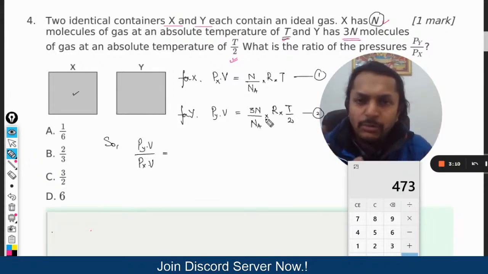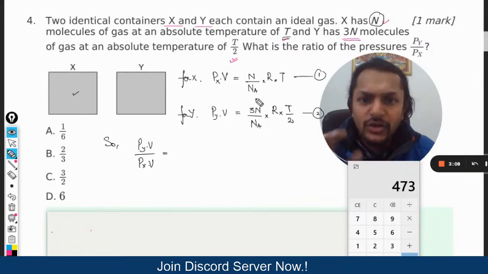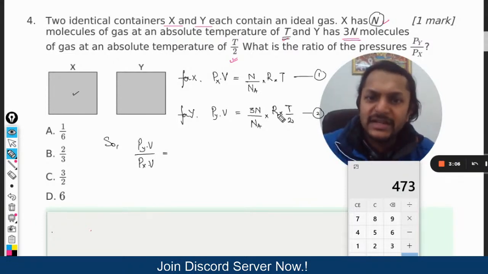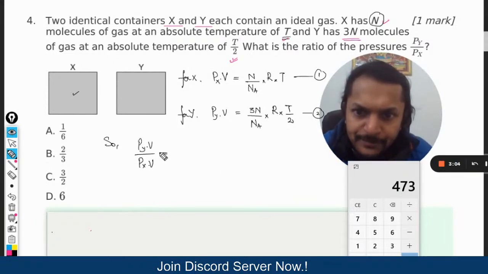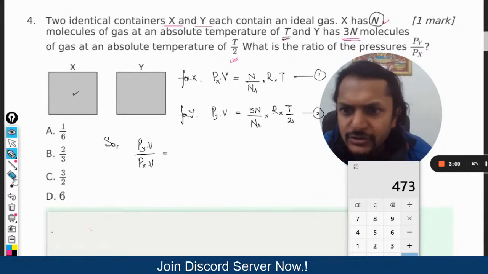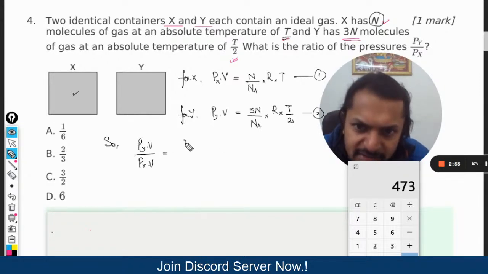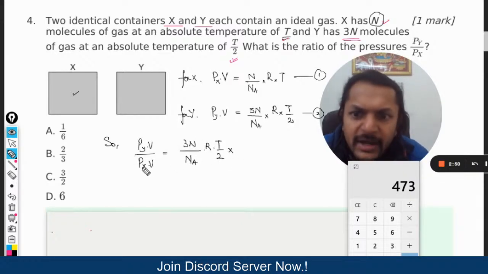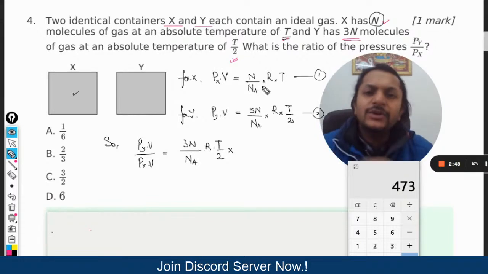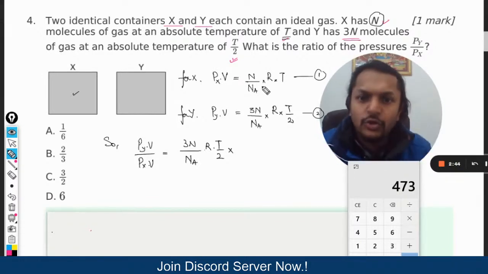If you face any problem with mathematics, what you can do is you can find a constant term and you can replace it later. Okay, I'll do it like that only. So this will be 3N divided by Na R T by 2, multiplied by the reciprocal of the first equation, since we need to divide.